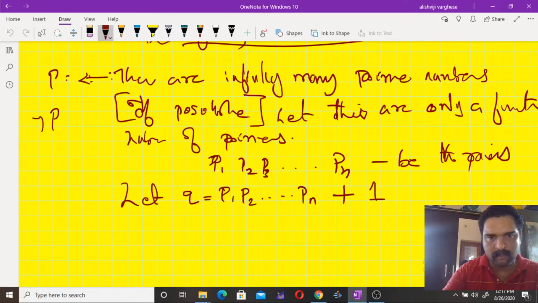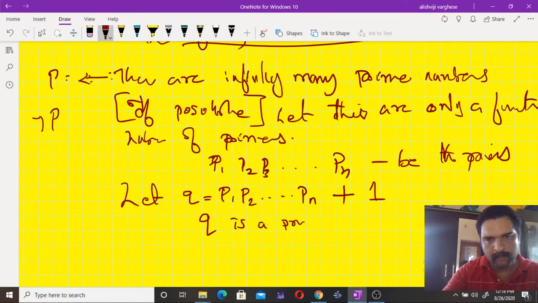If we divide q by p1, then it is p2 into p3 into etc. pn plus 1 by p1, and there is a fraction and it is not divisible by p1, and in a similar way q is not divisible by p2, it is not divisible by p3, etc. It's not divisible by any of the prime numbers we already enlisted in our finite set of prime numbers.